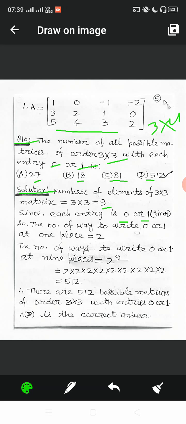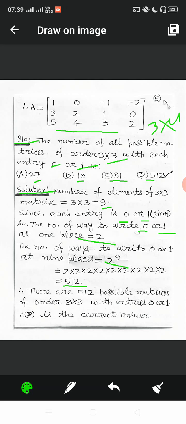So, consider the number of ways to write 0 or 1 at one place. There are 9 places, and at one place there are 2 possibilities, 0 or 1. So, the number of ways to write 0 or 1 at 9 places is equal to 2 to the power 9, and the value of 2 to the power 9 is equal to 512.